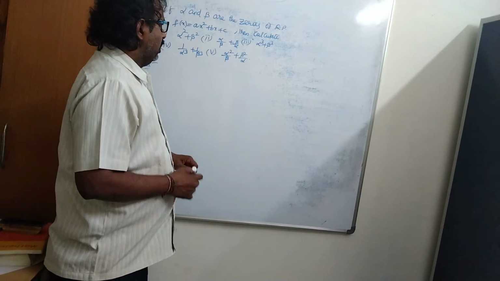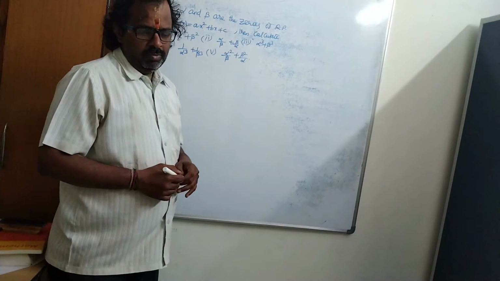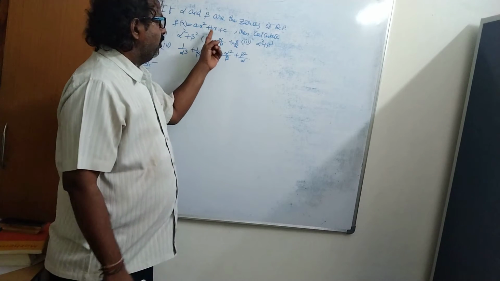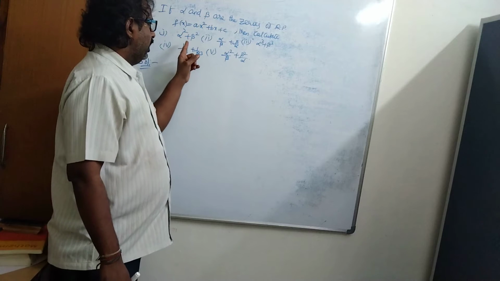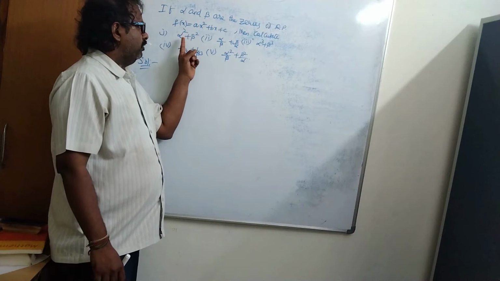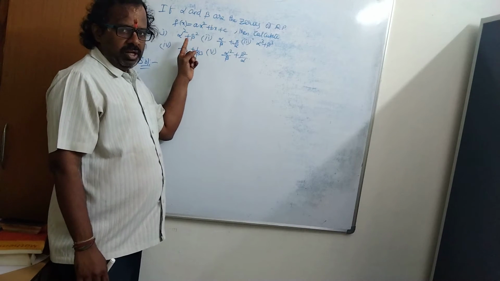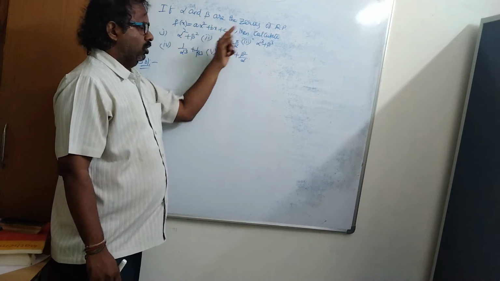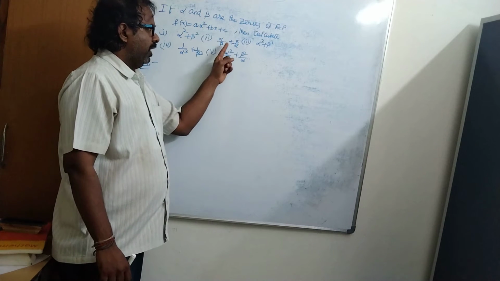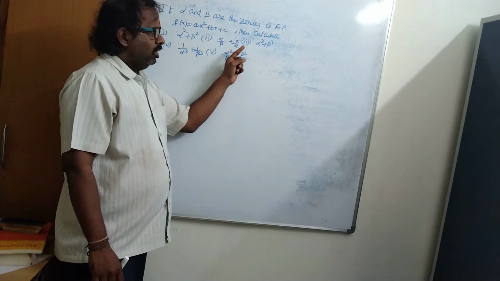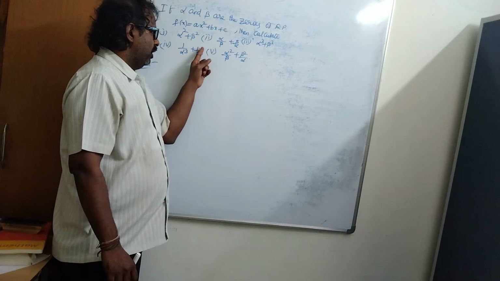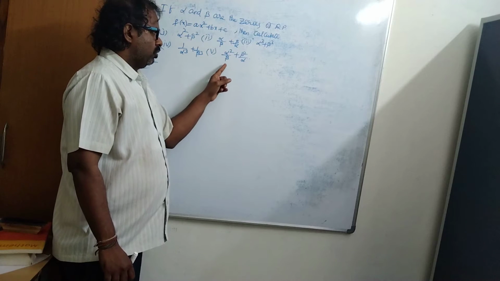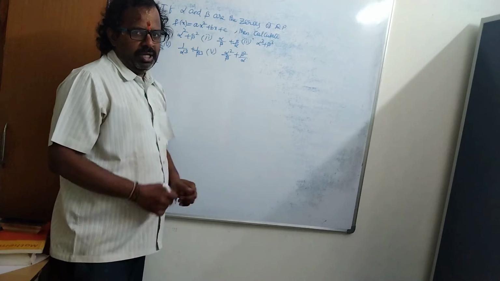So in the same way in this video once again we are taking the general form of a quadratic polynomial and we will calculate the value of alpha square plus beta square. Here alpha and beta are the zeros, and alpha by beta plus beta by alpha, alpha cube plus beta cube, 1 by alpha cube plus 1 by beta cube, alpha square by beta plus beta square by alpha.